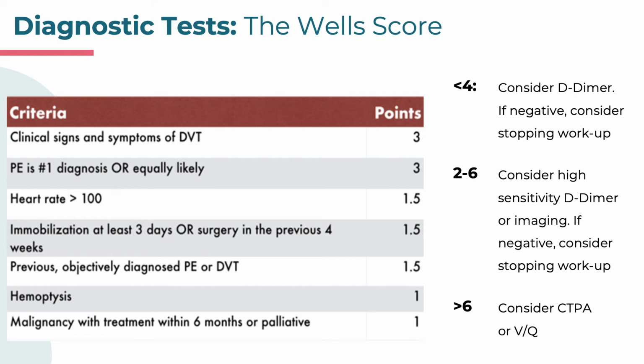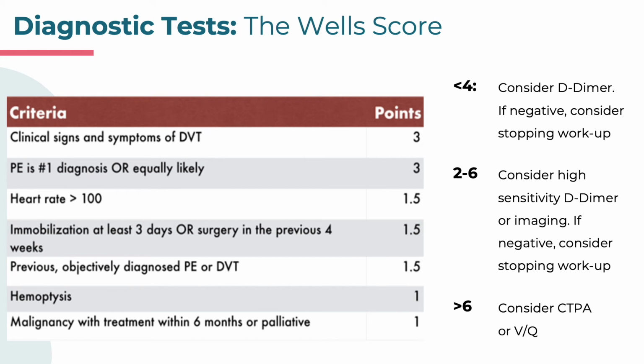If it's between 2 and 6, consider a high sensitivity D-dimer test or imaging. And if the D-dimer test or the imaging is negative, then consider stopping the workup for a pulmonary embolism and trying a different diagnostic test for a different condition that might present with the same symptoms.